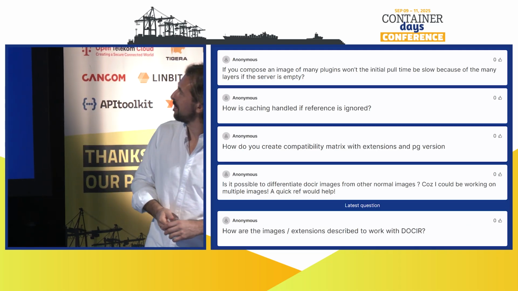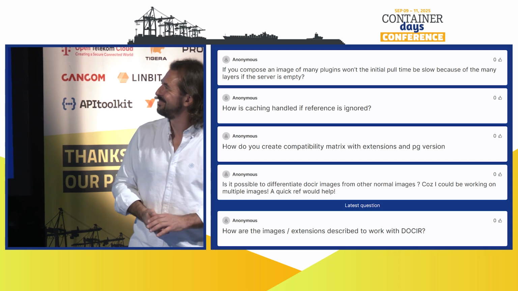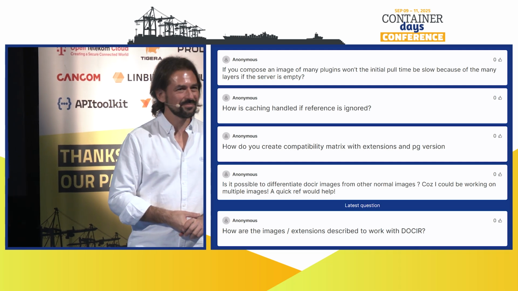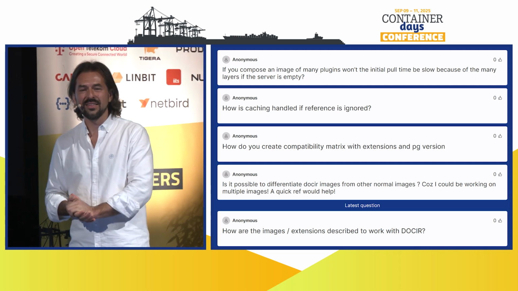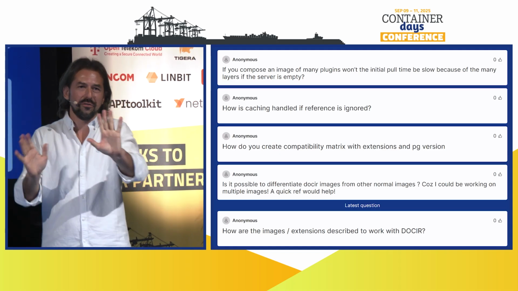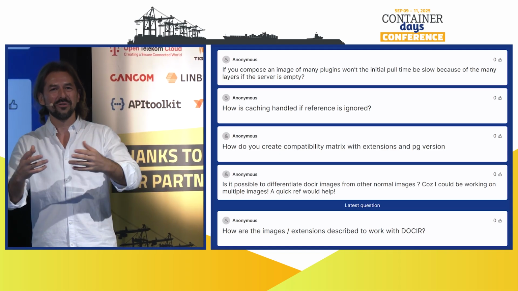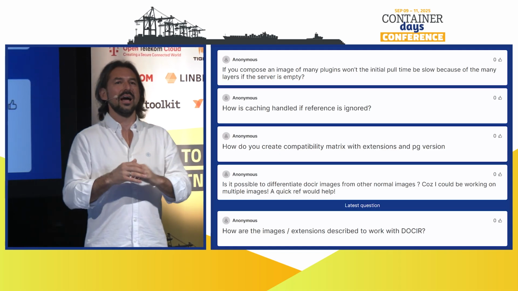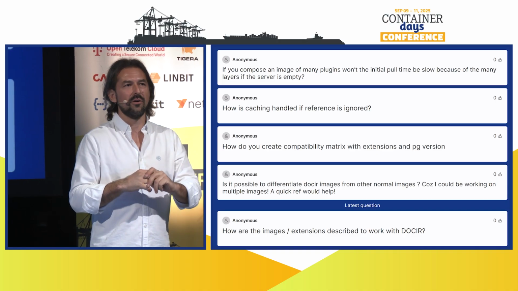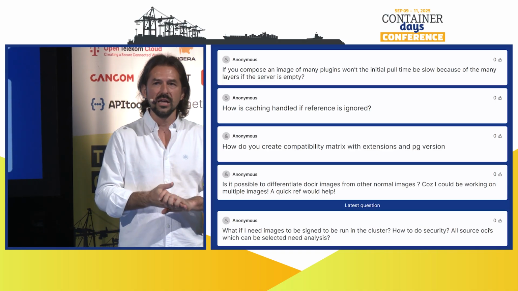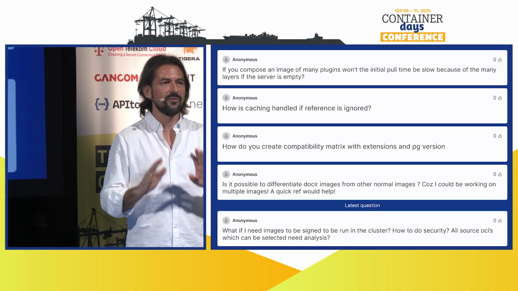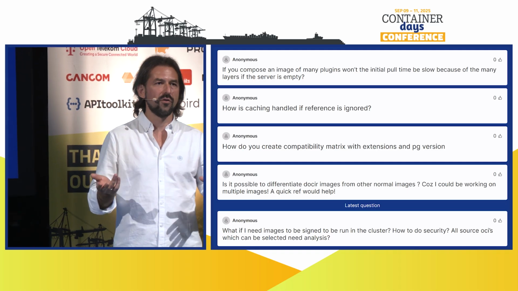There's another interesting one. How do you create compatibility metrics with extensions and Postgres conversions? Well, that is a little bit out of the scope of Dozer, first of all, and from our perspective, it's also not our real problem as of today. This is an interesting subject, but for now, we just want to provide users with whatever they want.